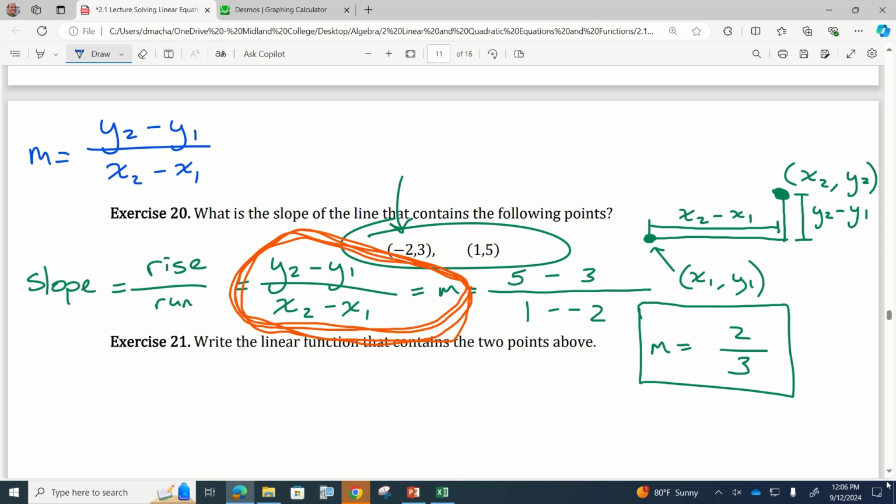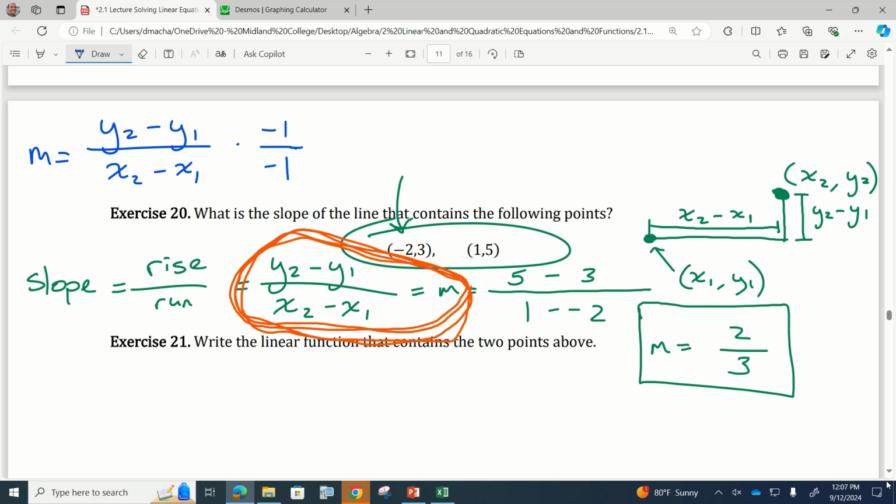That's my formula, right? What happens if I multiply times 1? That doesn't change anything, okay? Well, negative 1 divided by negative 1 is just 1.